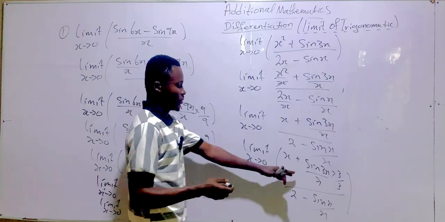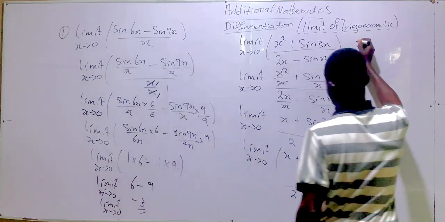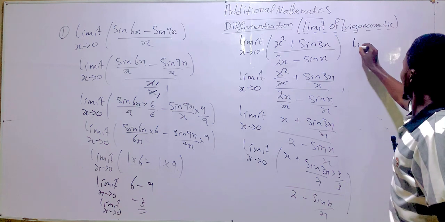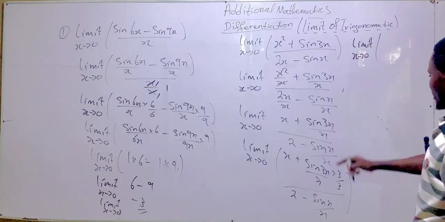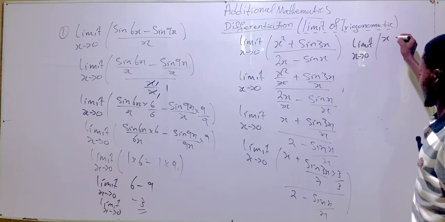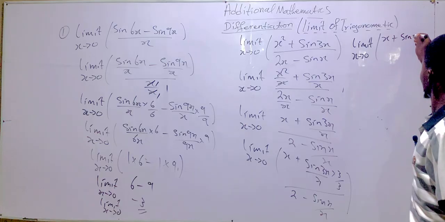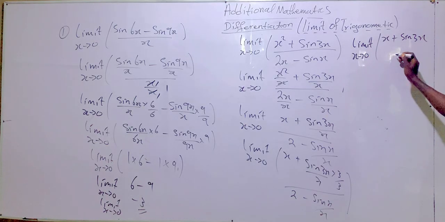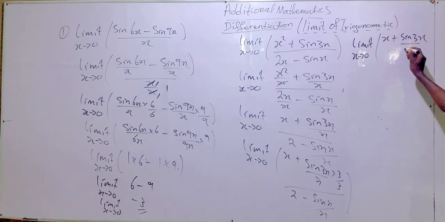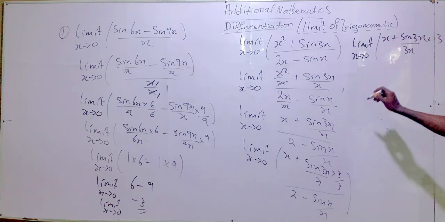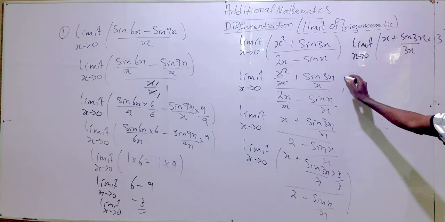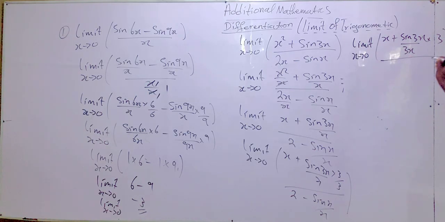So now, when you multiply this by this, you'll be having the limit as x approaches 0 of x plus sine 3x all over 3x times 3, all over 2 minus sine x all over x.